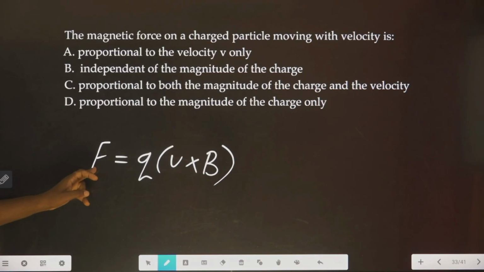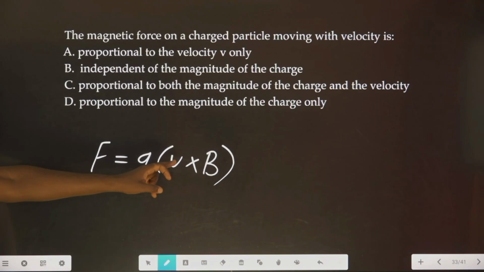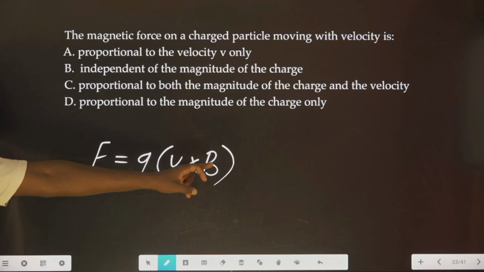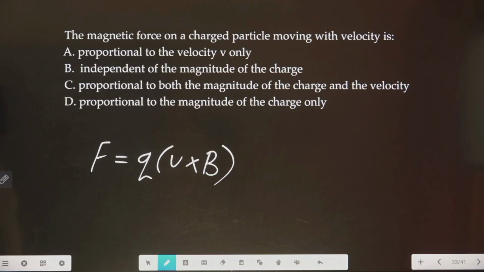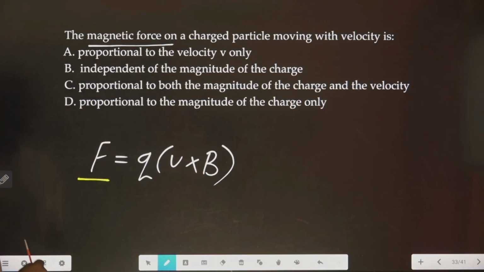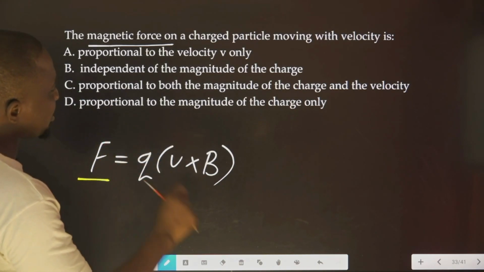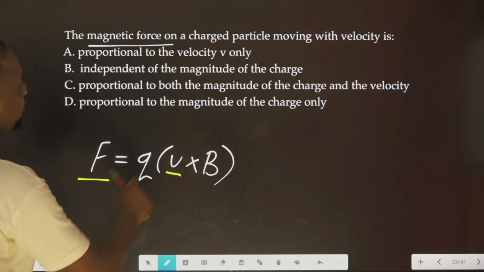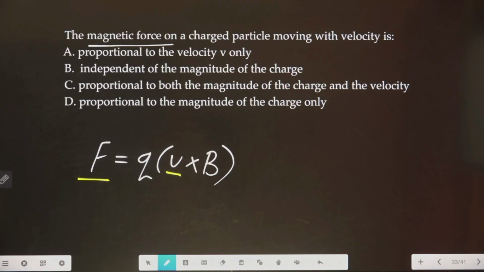This is the magnetic force. This is the charge of the particle. This is the velocity of the particle. While this is the magnetic field, that is B is the magnetic field. Now what we are saying is that we are looking at this magnetic force, okay, on the charged particle moving with this velocity. What is it proportional to?